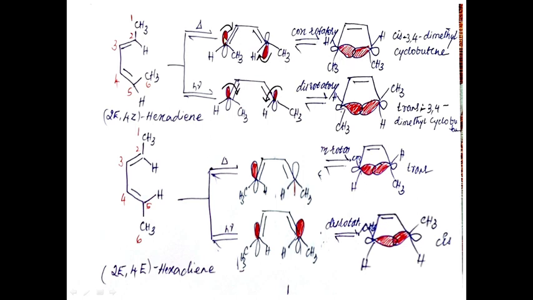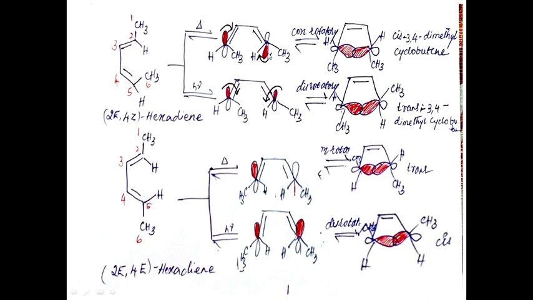Okay. When you are going to rotate both the lobes in the same direction, we call that rotation as conrotatory. If you rotate the lobes in opposite direction like this here, see, one in this and the other one in this direction, we call that rotation as disrotatory. Okay, I repeat, 2E4Z hexadiene under thermal state, HOMO is asymmetric.